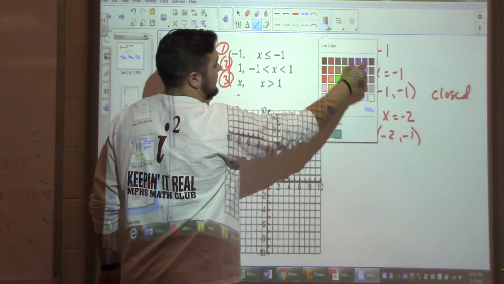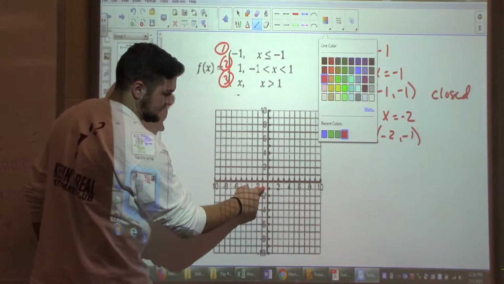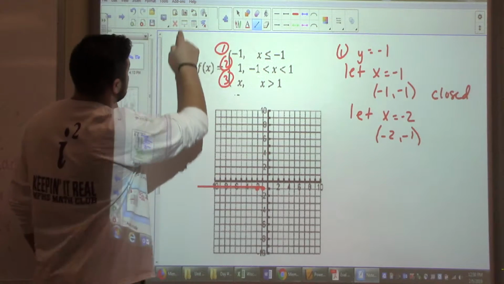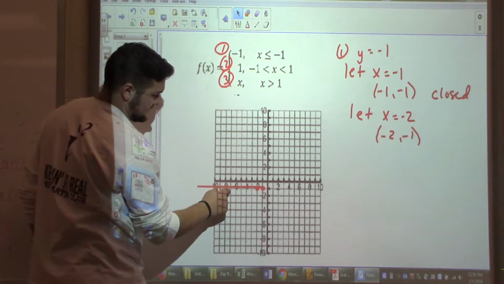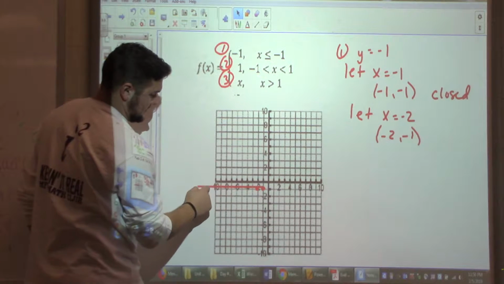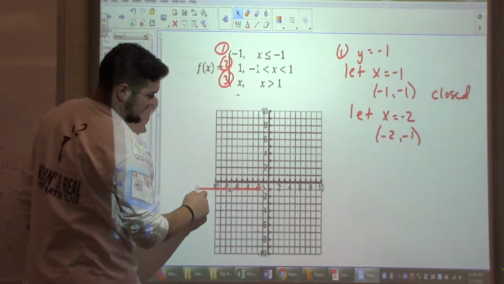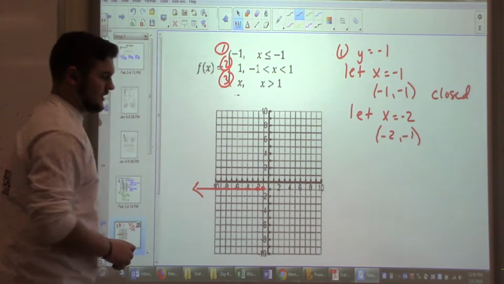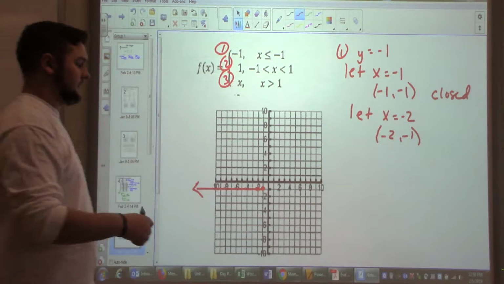I can go ahead and draw that one in. Uh-oh. Yeah, uh-oh's right. Messed up. Ooh. On camera, too. There we go, I fixed it. No mess up anymore. Alright, so that's the first part.